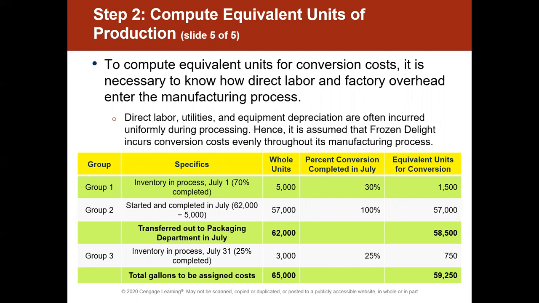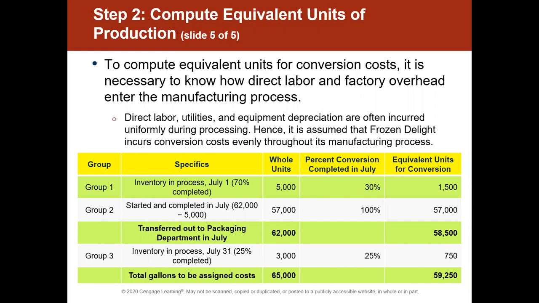It's adding to the total balance to be assigned, but the extra 3,000. Even though the maximum amount they all started with was 62,000, well, it was 65,000 they had to account for. And they completed 62,000 and sent on to the next one.